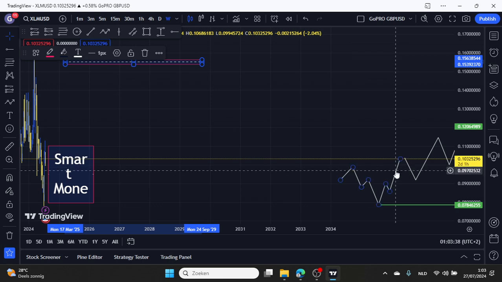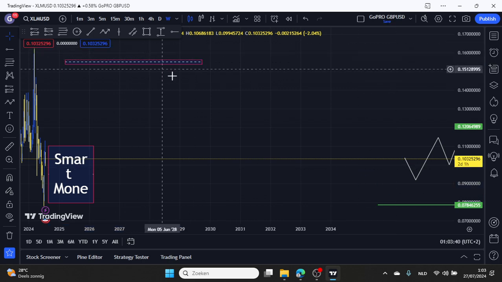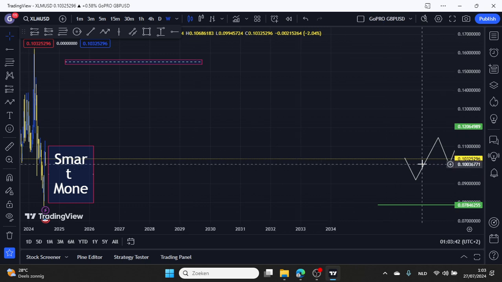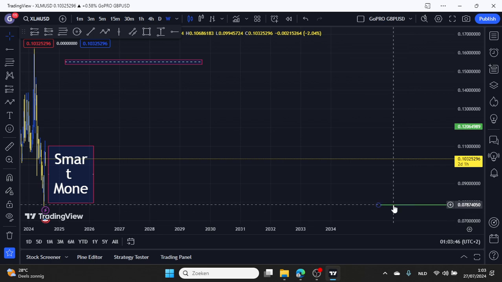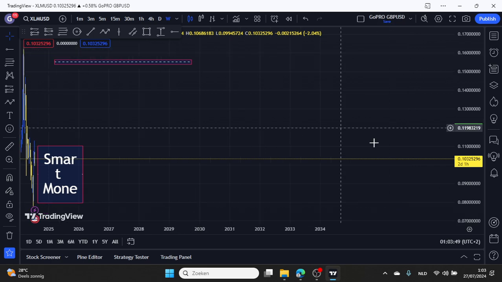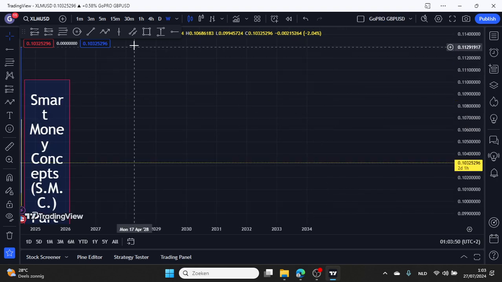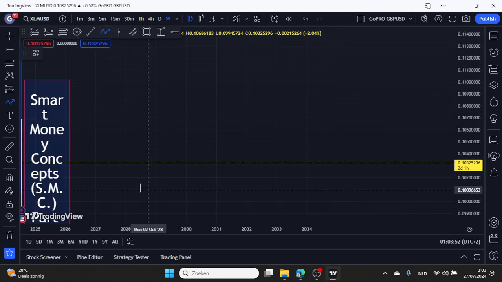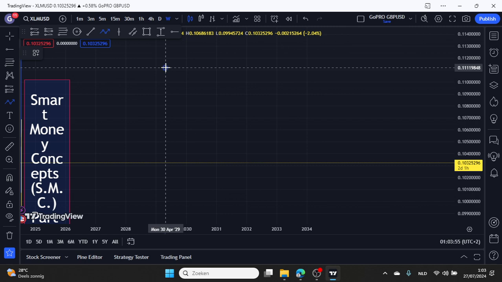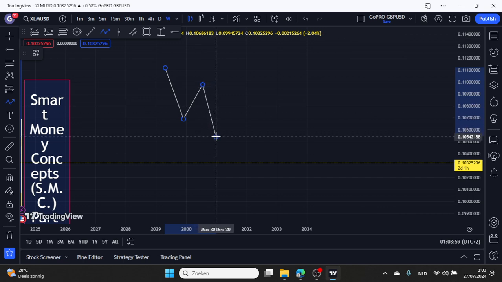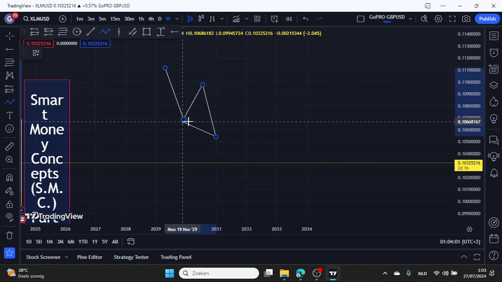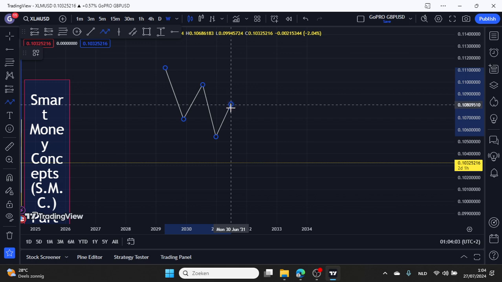Then we have some more plays on the screen to give a quick explanation of what we are doing here. You see, it can also happen that we're making new lows, so we have the break of structure here.